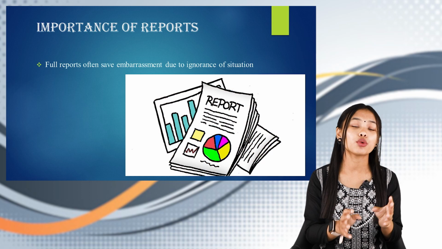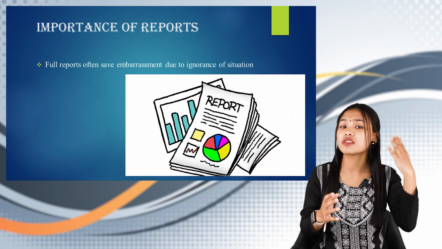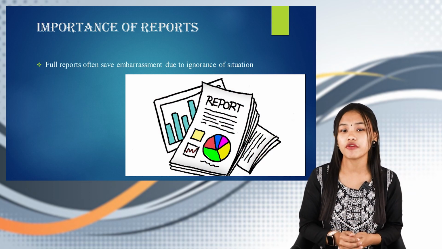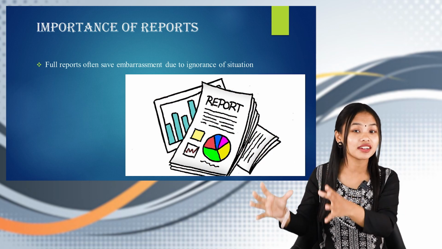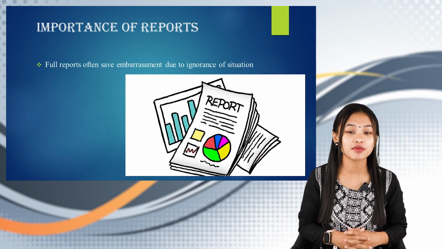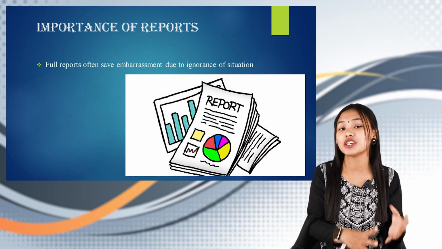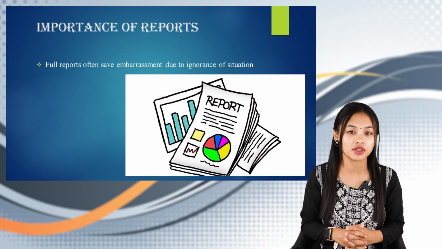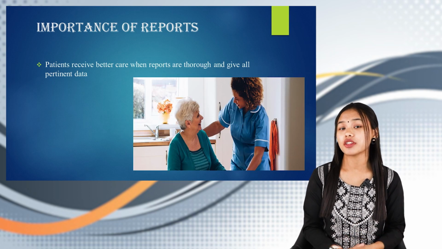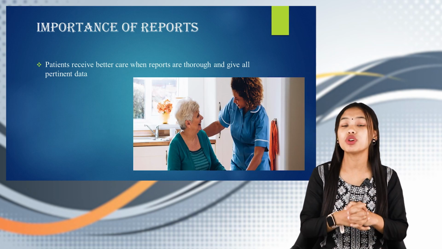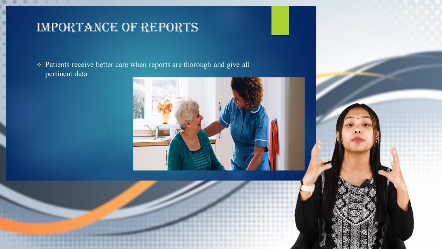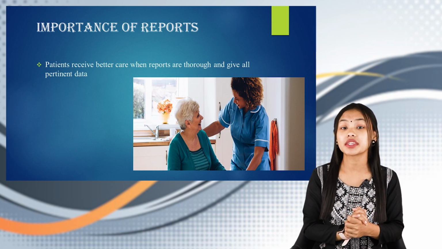When the client or the family members say that the other nurse checked it a while before, this can cause that nurse embarrassment, because it shows that the information has not been communicated to her. We must also make sure that whenever we report anything, we do it thoroughly so that the patient will get better care.